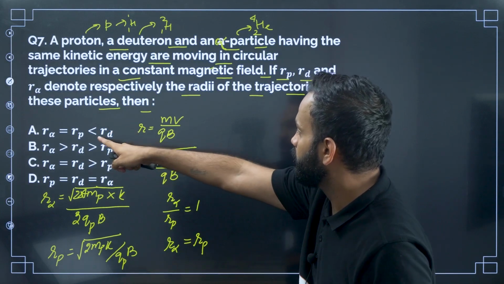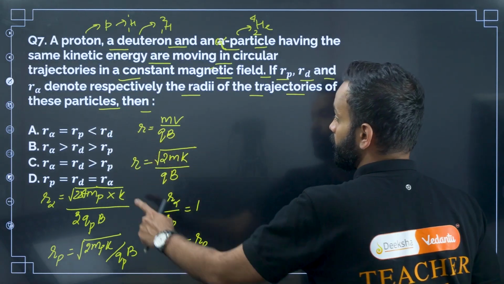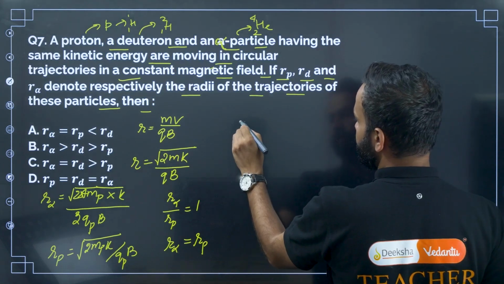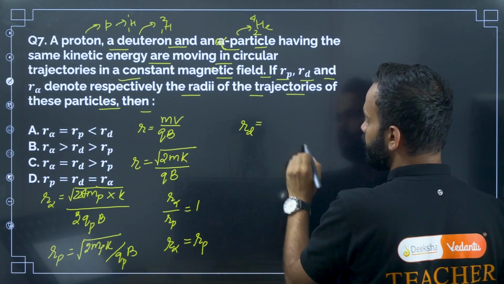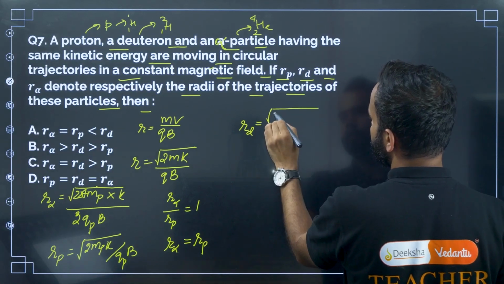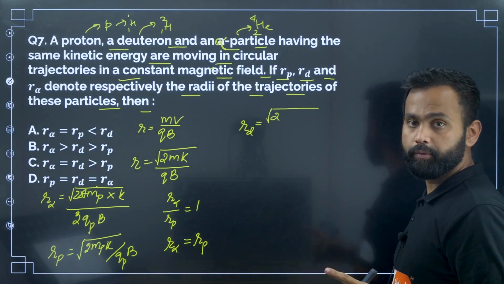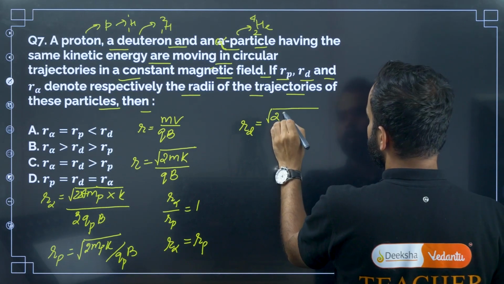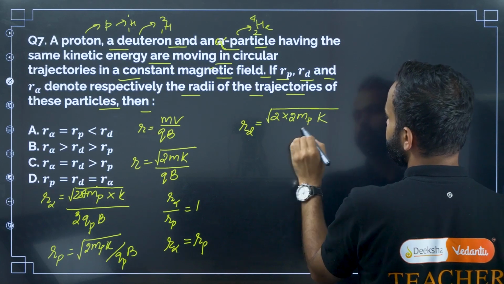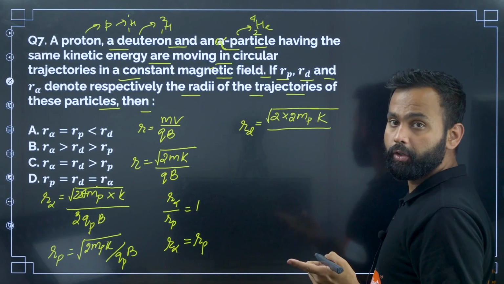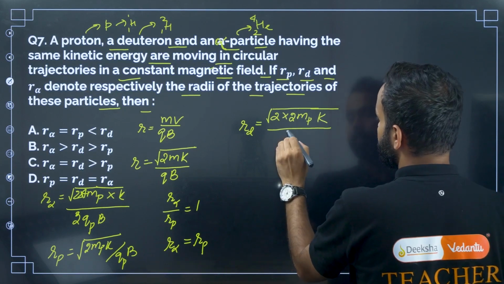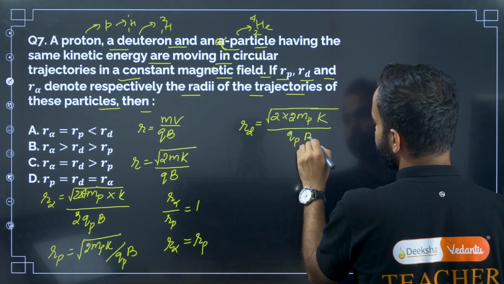Let's check whether this relation is correct or not. Now rd, that is the radius of the circular path taken by the deuteron. Rd is equal to root of 2 times the mass of the proton, since the mass of the deuteron is 2 times the mass of the proton, into k divided by the charge of the deuteron. The charge of the deuteron is the same as the charge of the proton, that is qp into b.